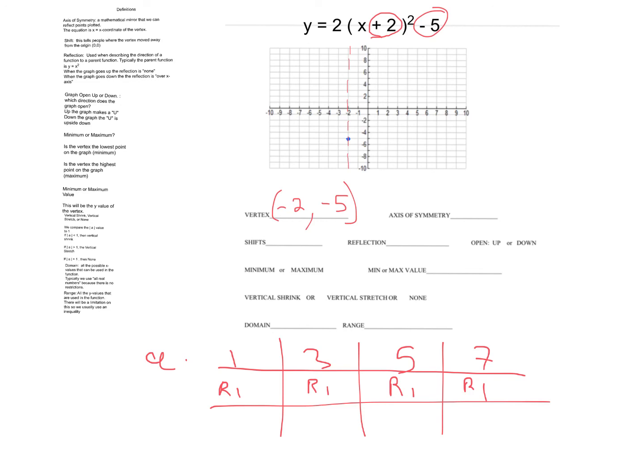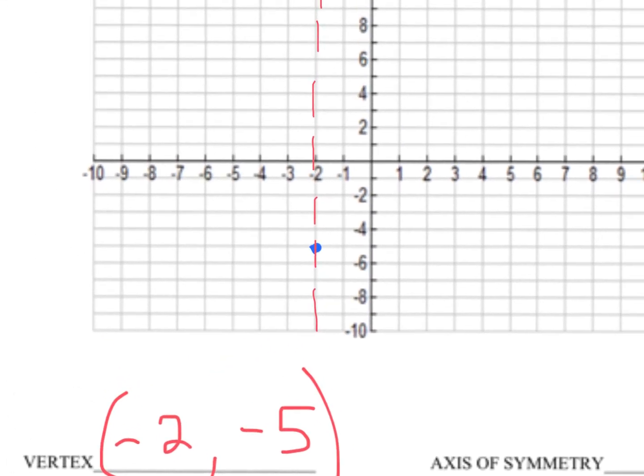Okay, now my A value this time is positive 2. So 2 times 1, we're going up 2, up 6, up 10, up 14. Okay, so here we go.